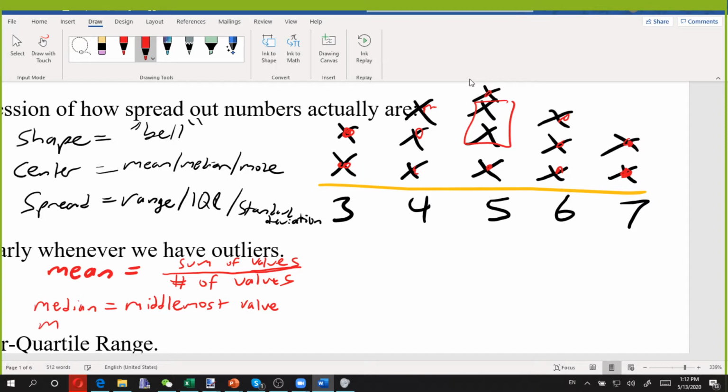Okay, and then what about mode? Niall, what is the mode and how can you find it? And you can type if you don't have a microphone.